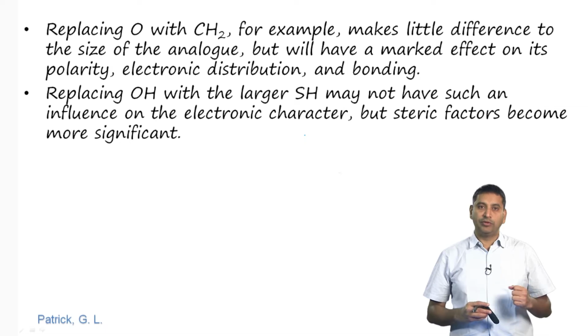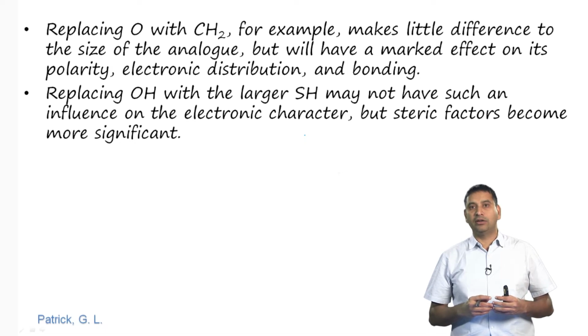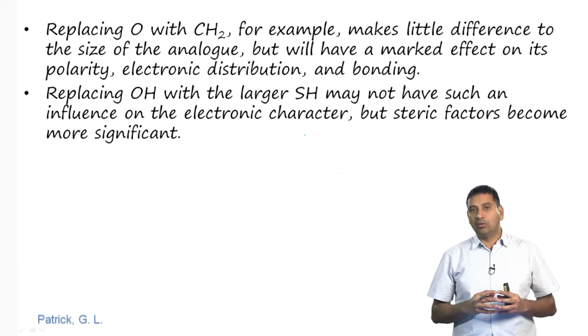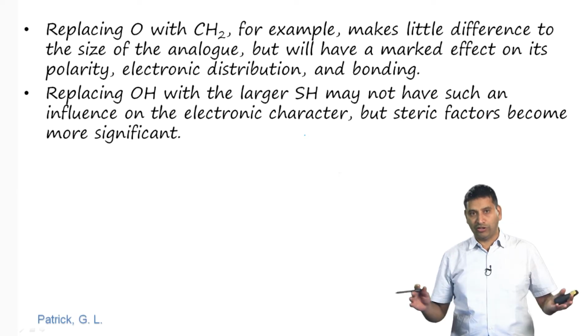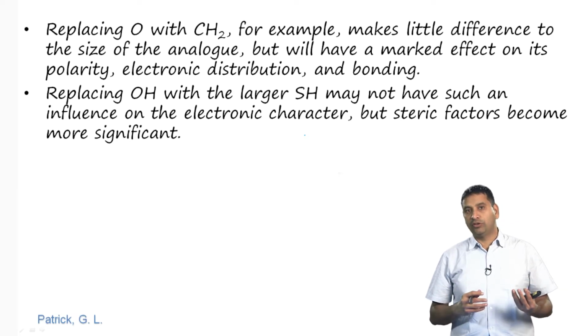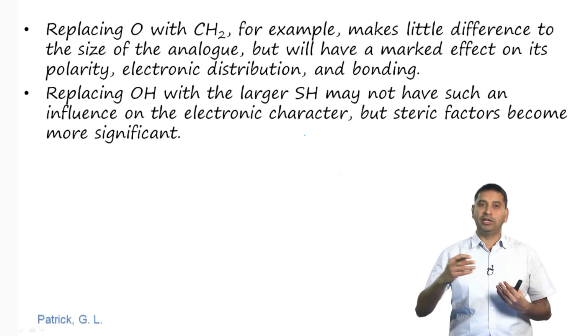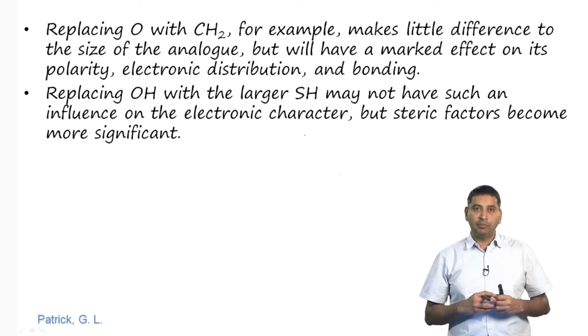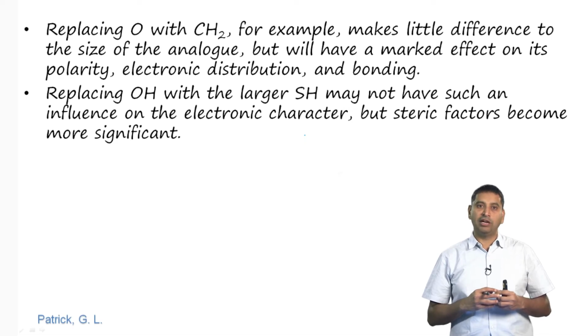For example, if you replace an oxygen with a CH2, it would make little difference to the size of the compound, but the polarity, electronic distribution and bonding are all going to change. An oxygen has two lone pairs which can potentially be involved in hydrogen bonds, whereas CH2 is not capable of doing that. So, such replacements will have a tremendous impact on the polarity and electronic distribution, but will not have much of an impact on the size.